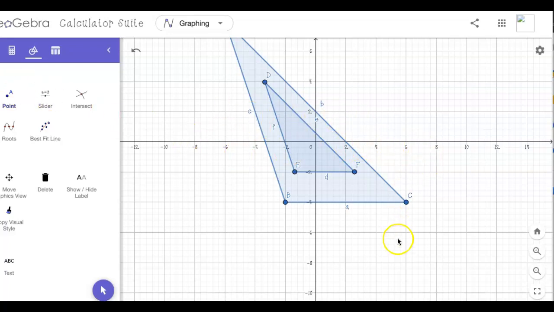This is now my A point, which is going to be G in this case. My B, instead of being -2, -4, becomes 2, 4. And C, instead of 6, -4, becomes -6, 4.